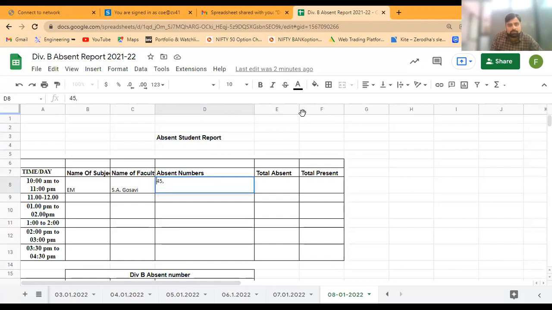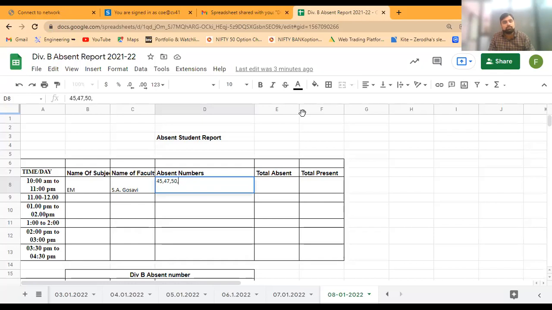Okay. 45 is absent. 46, Present, sir. 47, roll number 47. Okay. 48, Present, sir. 49, Present, sir. 50, roll number 50. 50 is absent. 51, Present, sir. 52, 53, roll number Present, sir. 53, 54, 54, 55, Sir.